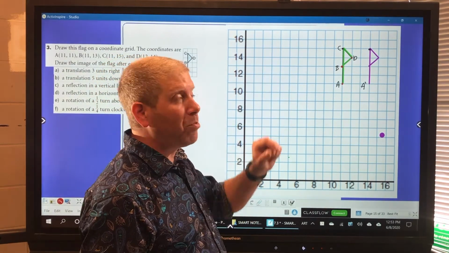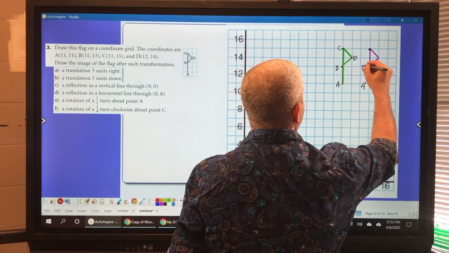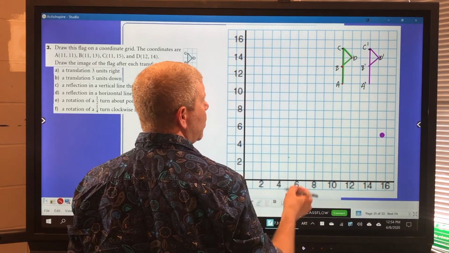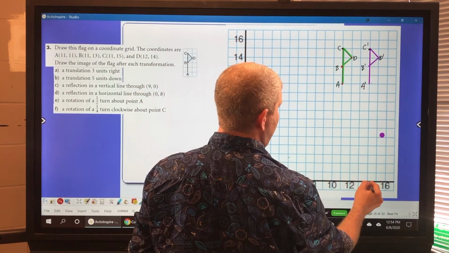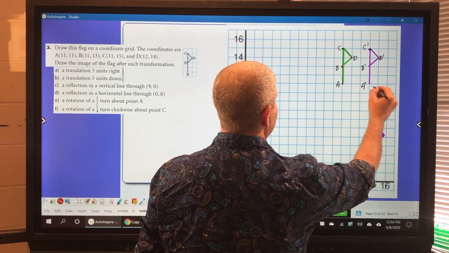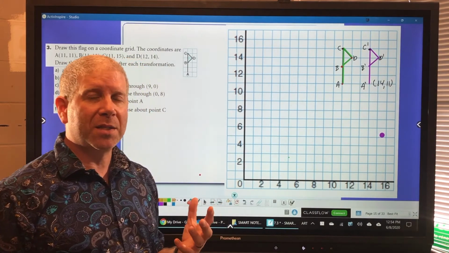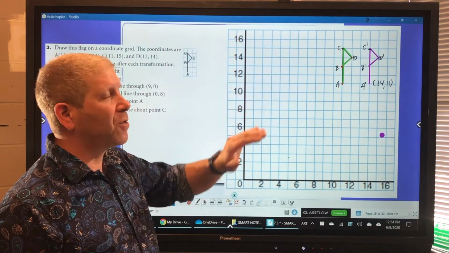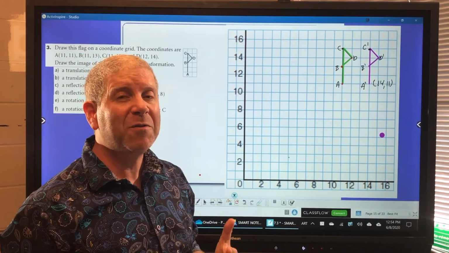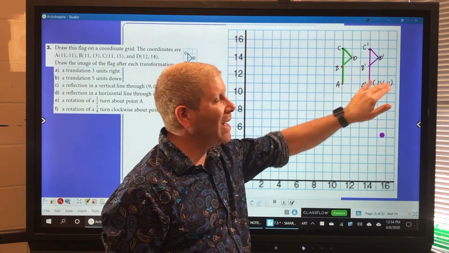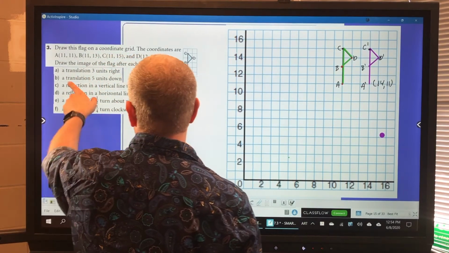So we say A prime, B prime, C prime, and D prime. And we could actually find those coordinates, right? So A prime is (14, 11). And we can figure out the coordinates for the image for all of those 4 points. You should be comfortable finding the coordinates from the original shape that you're working from and the image shape. All right, let's go on to B.